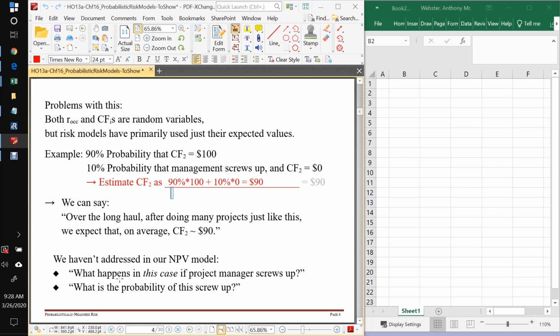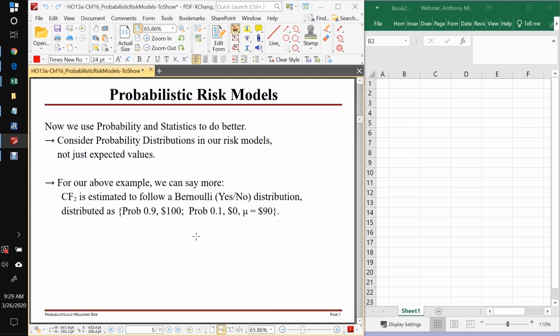And what we haven't addressed in this model is what happens in this particular case if the project manager screws up, and what is the probability of this screw up. We've just gone ahead and used the $90.